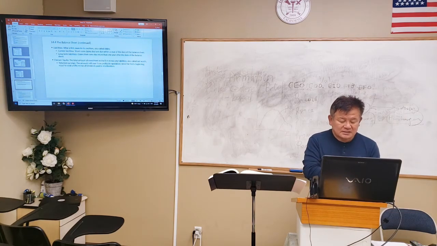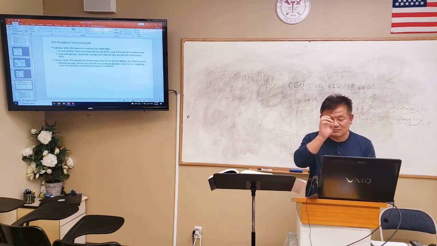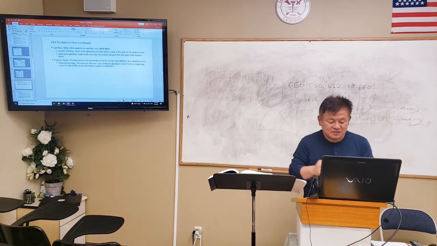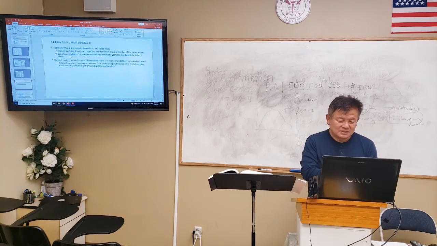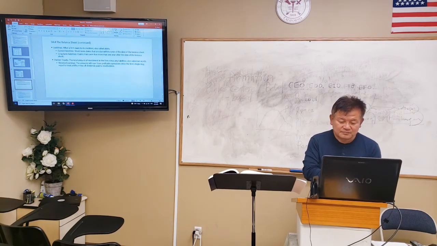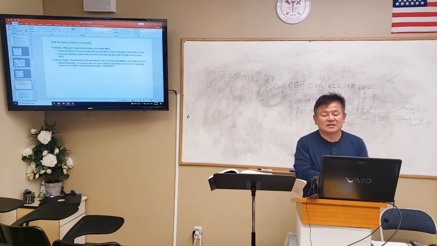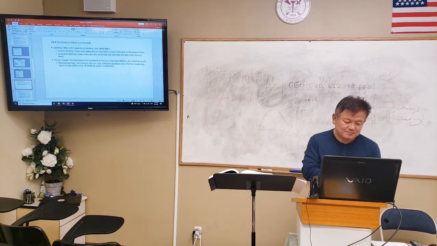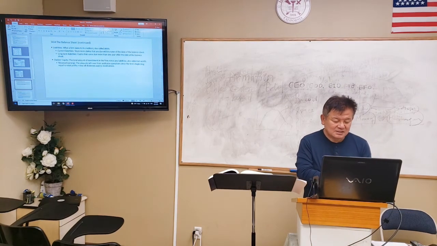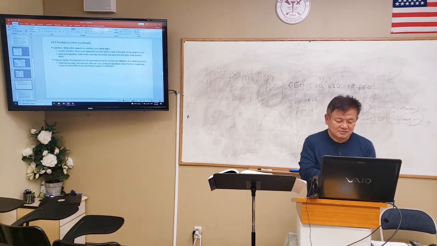Now, continuing with the balance sheet, liabilities, because asset minus liability equals owner's equity. Liability means what a firm owes to its creditors, also called debt. Liability is of two kinds: current liability and long-term liability.